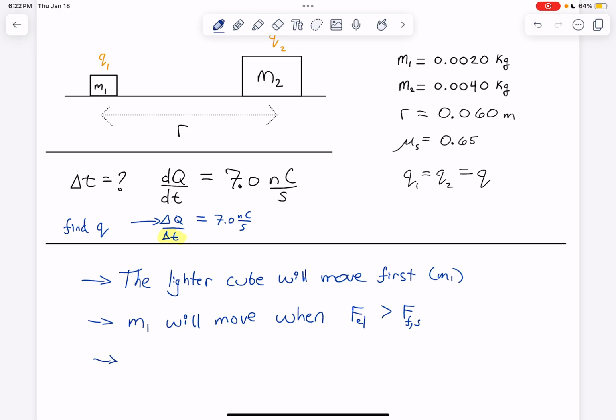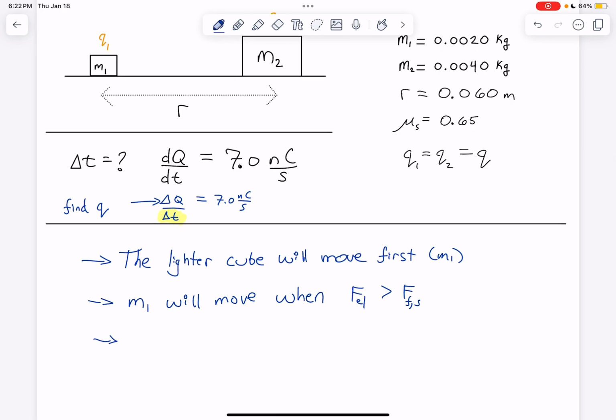So what we're going to find first is the Q threshold at which the F electric is greater than or equal to the friction force, because equal to would be the threshold. You add one more bit of charge and it will be larger.